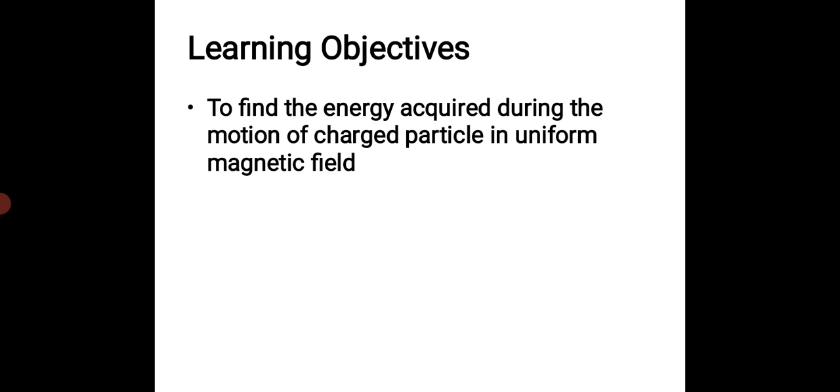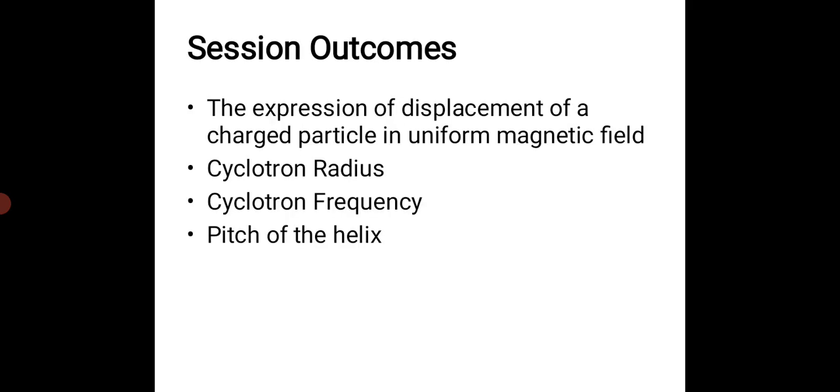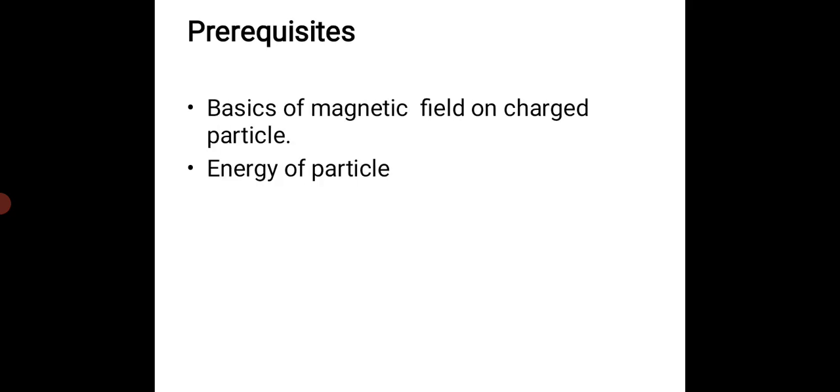The learning objective of this session is to find the energy acquired during the motion of a charged particle in uniform magnetic field. The outcome of this session is the expression of displacement of a charged particle in uniform magnetic field, cyclotron radius, cyclotron frequency and pitch of the helix.